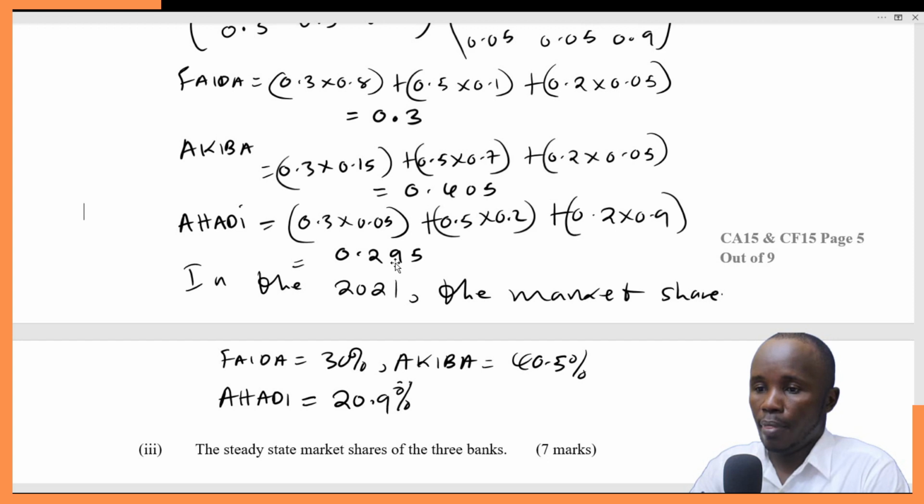Here we have 0.3 times 0.05, plus the next is 0.5 times 0.2, plus 0.2 times 0.9, which gives 0.295. That's okay.